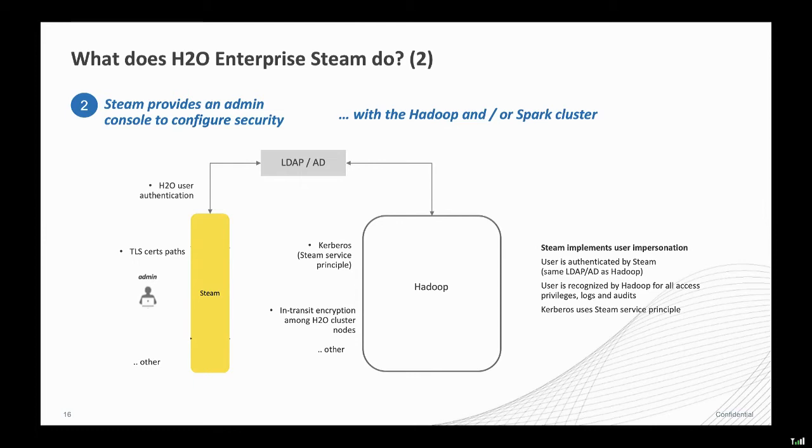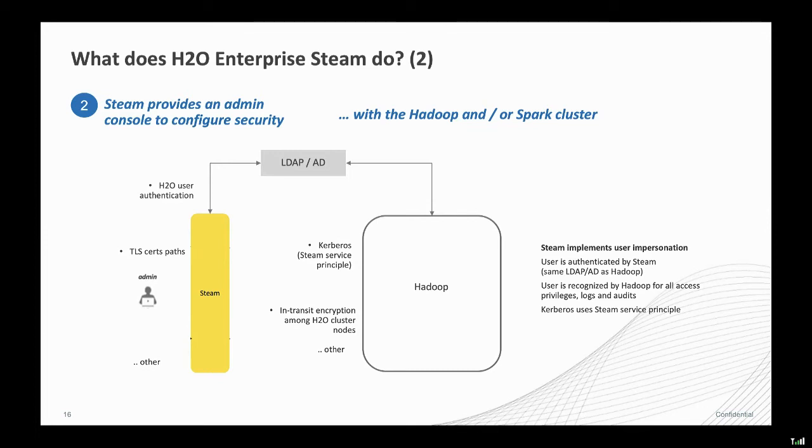So user impersonation means that even though Hadoop challenges Steam to authenticate itself, the user name flows through, so that all of the security mechanisms on Hadoop are against the user. So if I'm trying to access an HDFS file system that I'm not allowed to access when I import data from my model building, it'll say you don't have permission to do that.